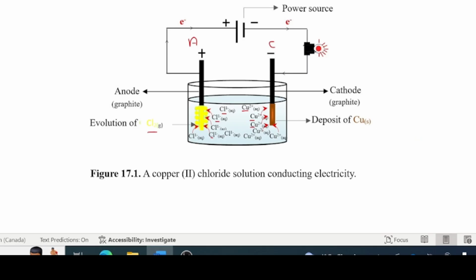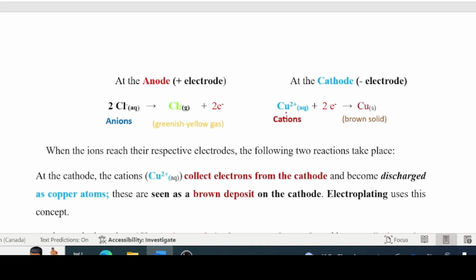Let's explain why that is happening. Watch that. At the anode, which is the positive electrode, these chloride ions that go there are called anions. They're called anions because they're going towards the anode, okay? These guys here are called cations because they're being attracted to the cathode.